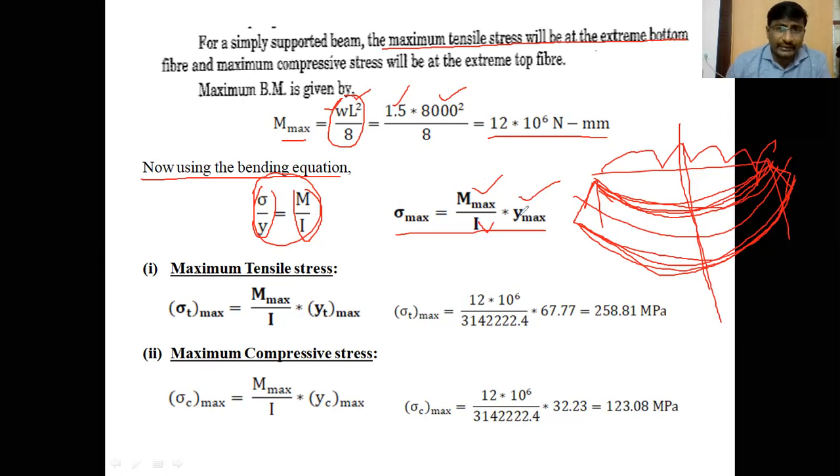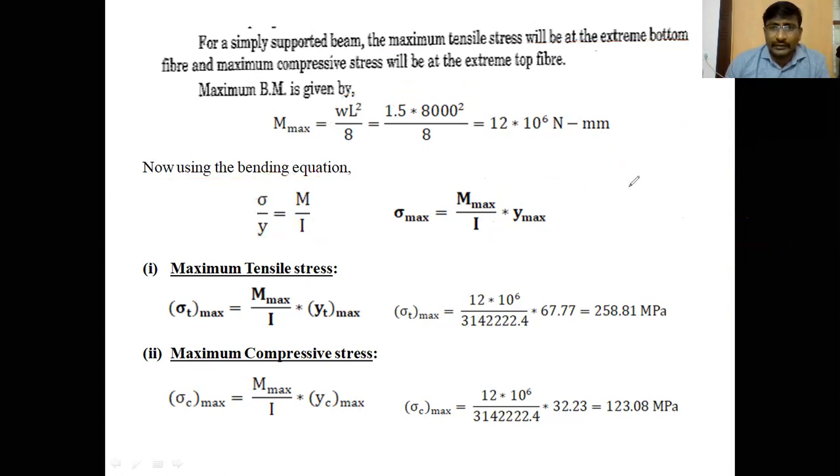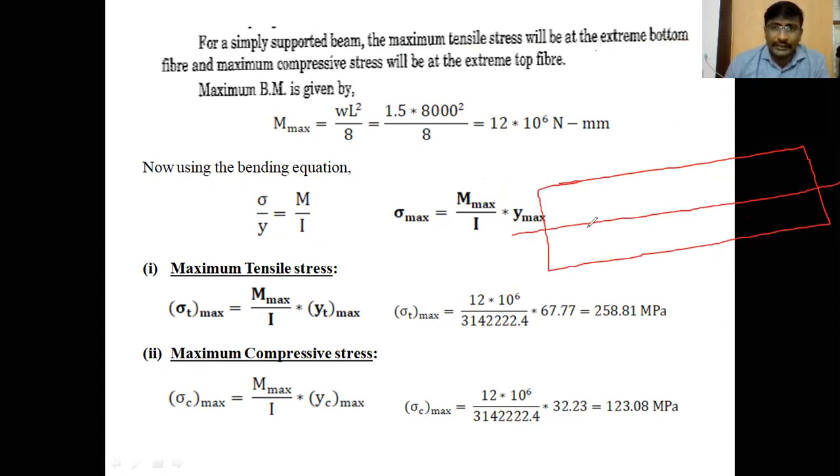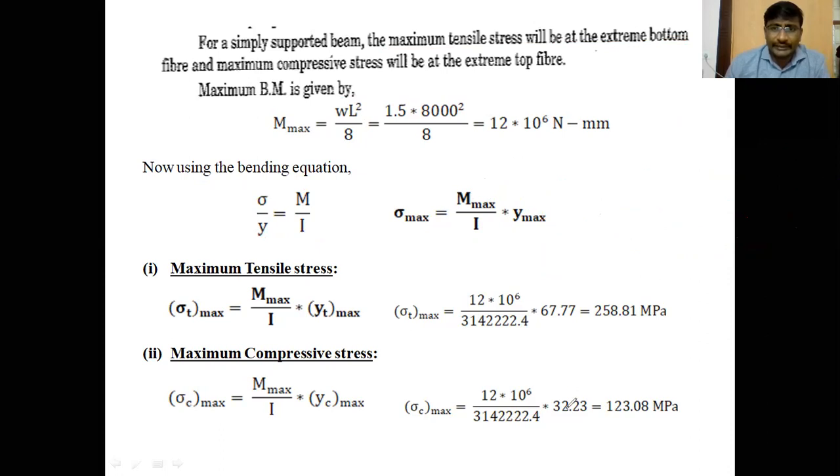Clear, students? Here two y maximums are there. Y maximum means distance from the neutral axis. If it is a simply supported beam like this, this is the neutral layer. From neutral layer, it is a T section. Of course it is a T section.